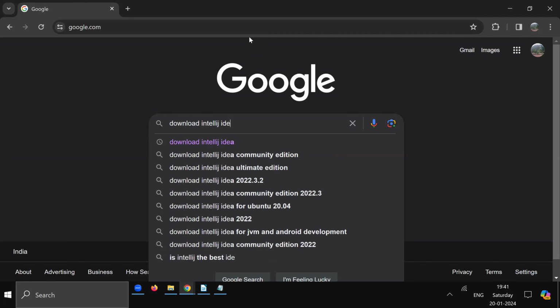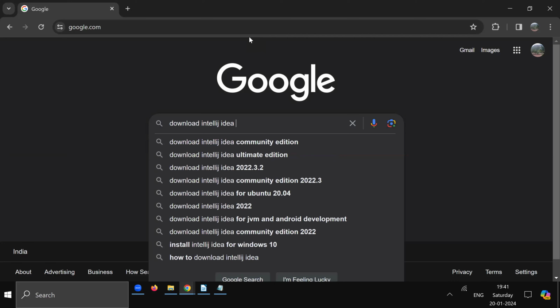IntelliJ IDEA Community Edition. See, there are two editions, Community and Ultimate. Ultimate Edition is used by companies and it is a licensed one. Software companies must purchase a license and then only use IntelliJ. To them, free usage is not allowed.